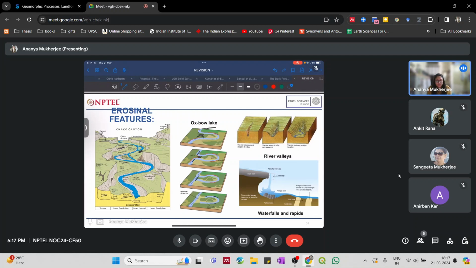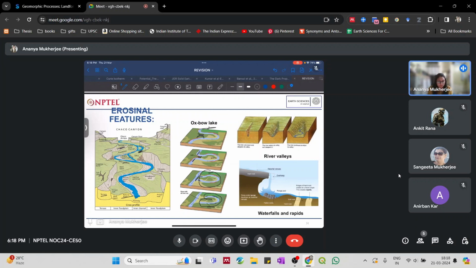Eventually, the supply of water to this curved feature is stopped, and then this forms a lake separately. So this is how oxbow lakes form. It's more of an erosive action of the rivers on the outer banks, which separates the meander from the main river channel.